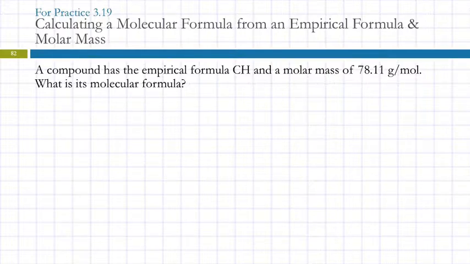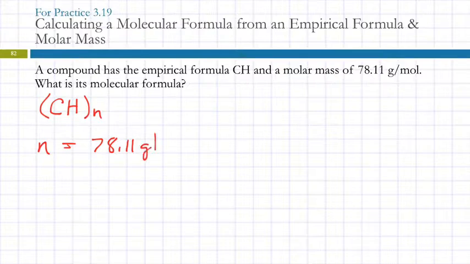So a compound has the empirical formula CH. The molar mass is 78.11. What's the molecular formula? So the molecular formula is going to be some multiple of that. To find what n is, we take the molar mass that we're given for the entire compound, and we're going to divide by the mass of the empirical formula.